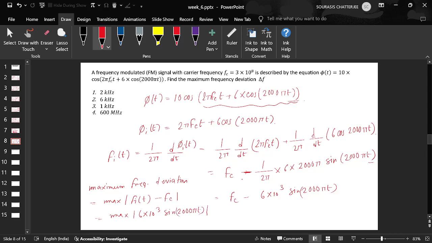This value takes maximum value 1, so we have maximum frequency deviation as 6 into 10 to the power 3, or 6 kilohertz. That is one answer.